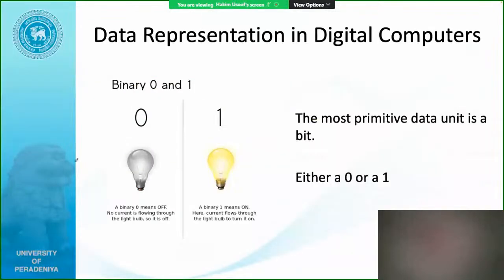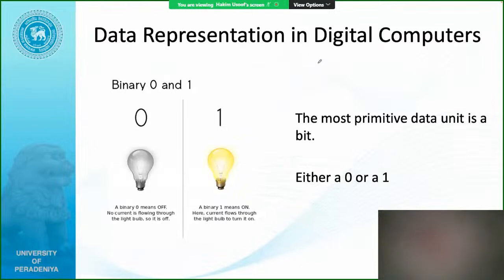So basically, in digital computers today, we use two discrete values: true and false, on and off, 1 or 0, right? Positive or negative, there is a voltage or there is no voltage. This is what we use in modern day computers, and we use two values, 0 and 1.